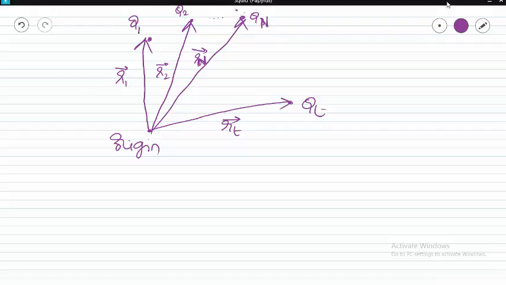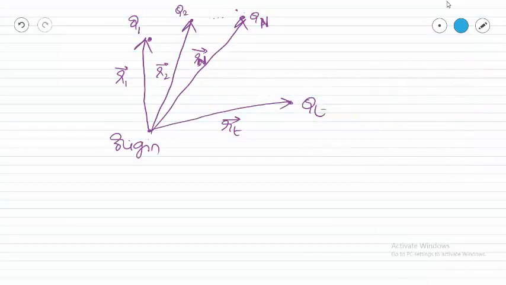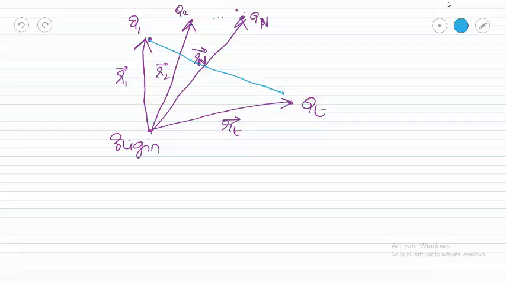If I draw the distance vectors, this is the distance vector from Q1 to Qt, which is RT bar minus R1 bar. Similarly, from Q2 to Qt, this is RT bar minus R2 bar. Similarly, from Qn, it will be RT bar minus Rn bar.